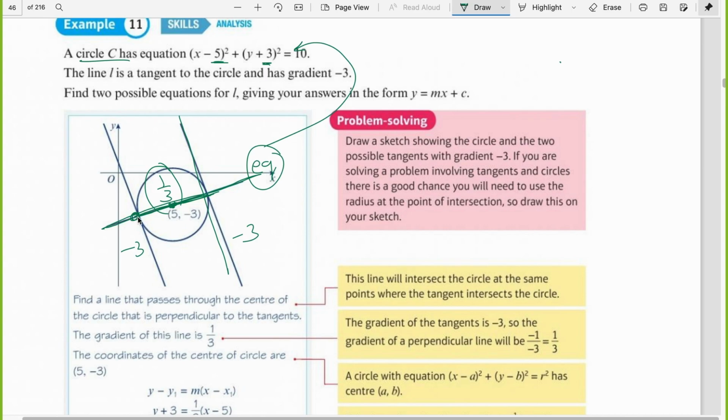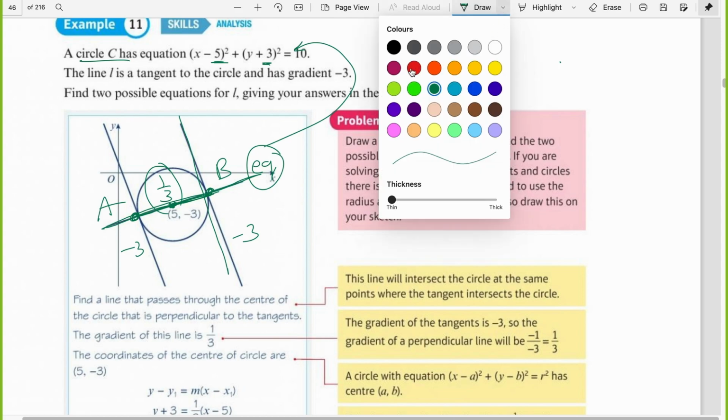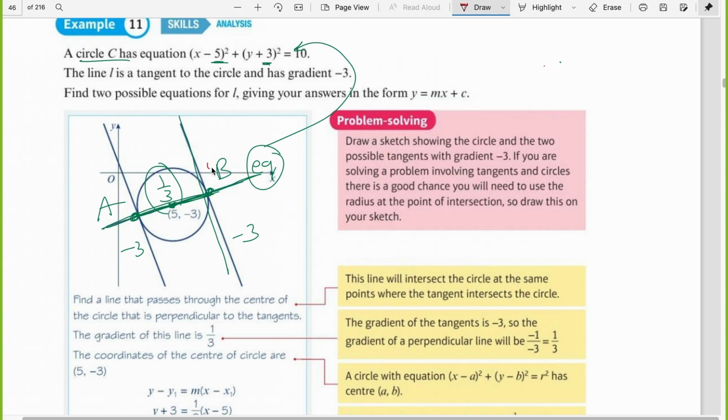Let me name them, one as A and the other point as B. So once we have B and the gradient, the equation of the line is done. On the other side, we have a different coordinate, A, and the gradient, so the other possible equation of the line is done.